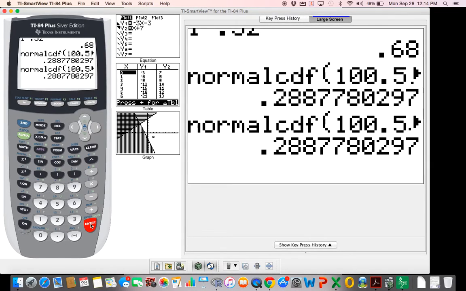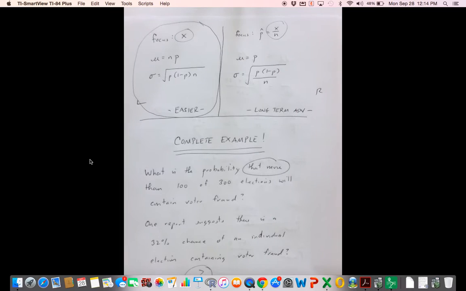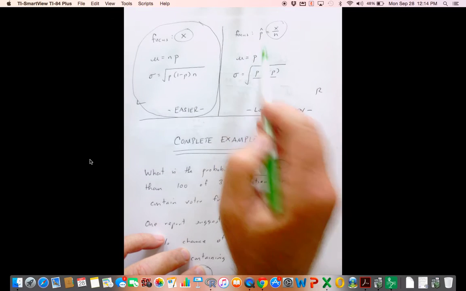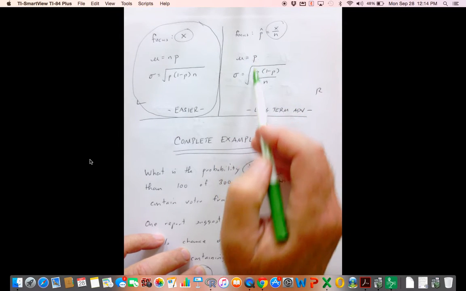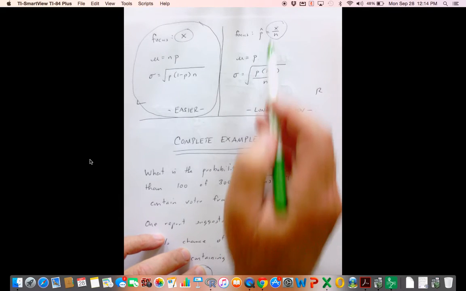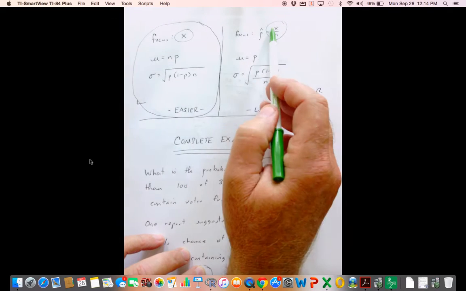Now guys, I'll tell you what I see all the time, and I just about bet my last dollar that's going to happen here, is students will start mixing these things. They'll come over here and decide that they want to use the easy mean, this standard deviation, but they'll only put x there.